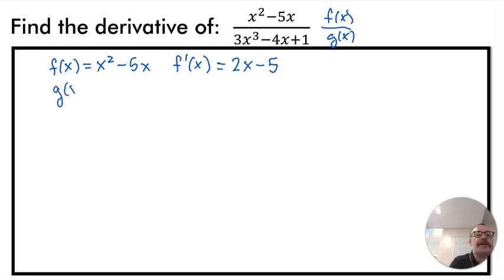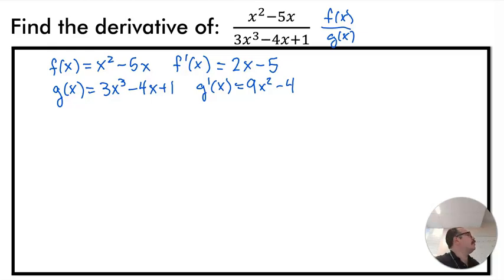G of x, our denominator, we've got 3x cubed minus 4x plus 1. And then g prime of x would be 9x squared minus 4. So we will have a little bit of work to do on this one, but I don't think it's prohibitive. I think we should be able to get a nice solid answer out of this.